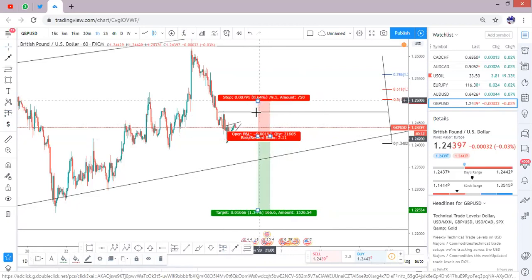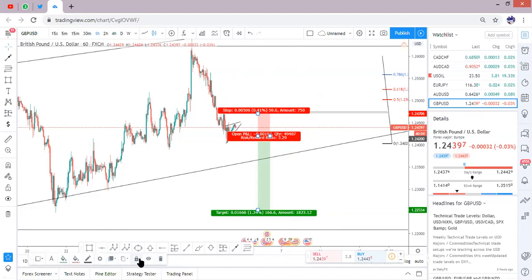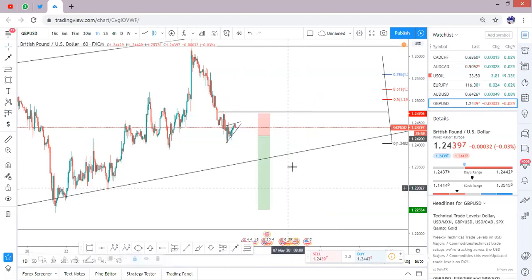Then make this supply zone my area. So that's that on GBPUSD.